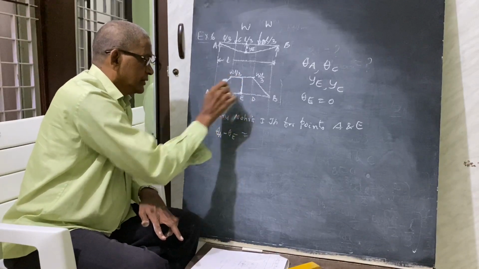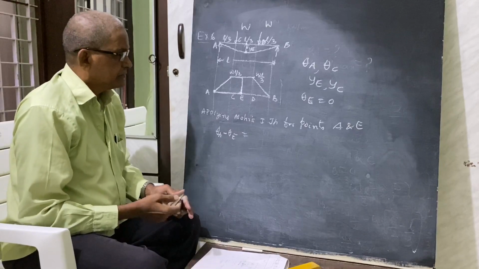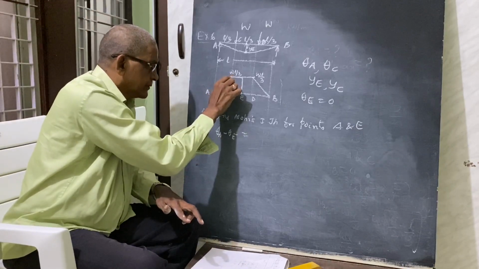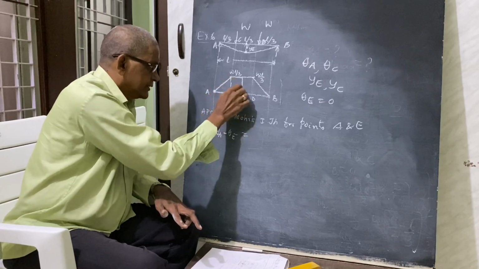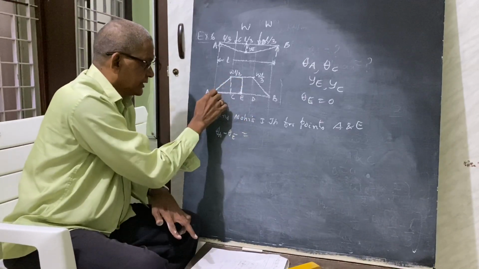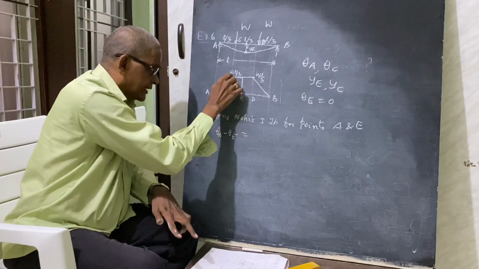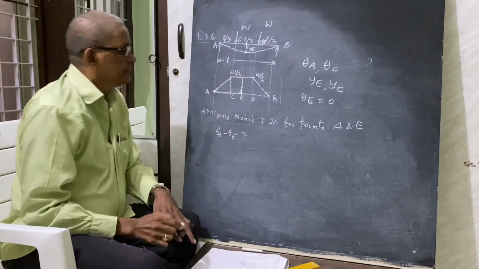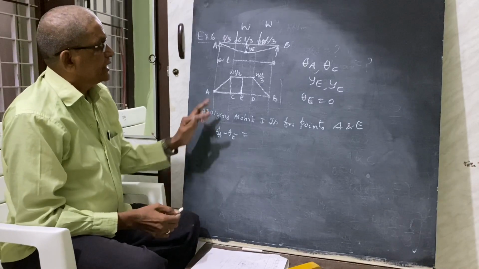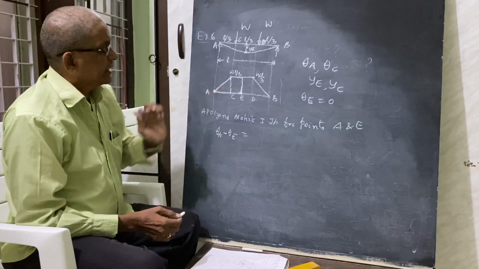What is this diagram consisting of? It is consisting of a triangle and a rectangle. So you have to find the areas of this triangle and rectangle.